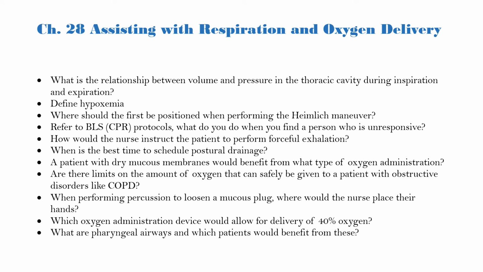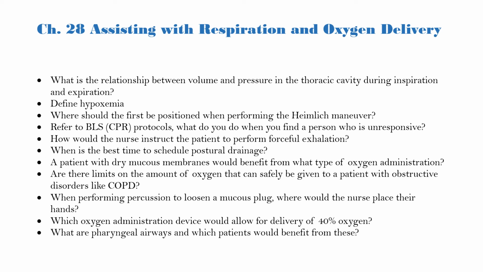Are there limits on the amount of oxygen that can be safely given to a patient with obstructive disorders like COPD? Yes, there are. You can find that information on page 529. It's going to be in the safety alert, the QSEN box, QSEN consideration safety. Safe oxygen flow rates. Patients with obstructive lung diseases should be given only 2 to 3 liters per minute because higher concentrations of oxygen can reduce the respiratory rate.